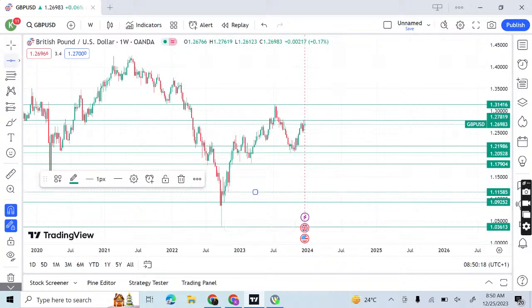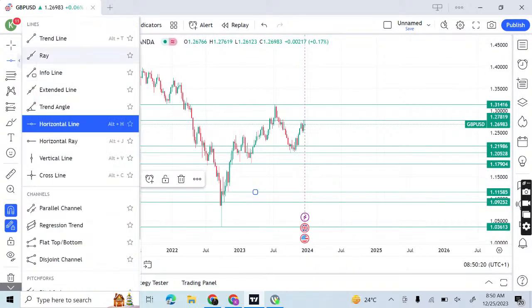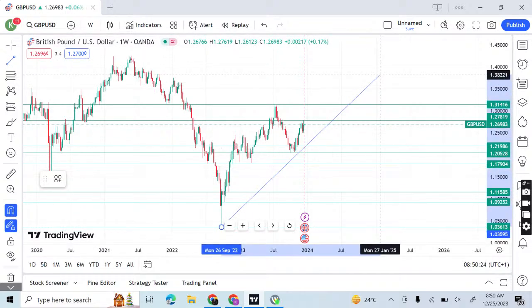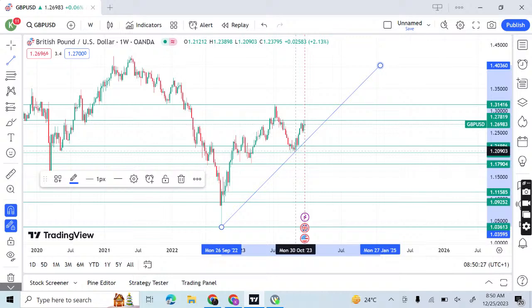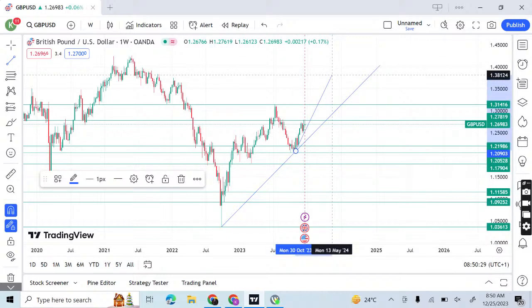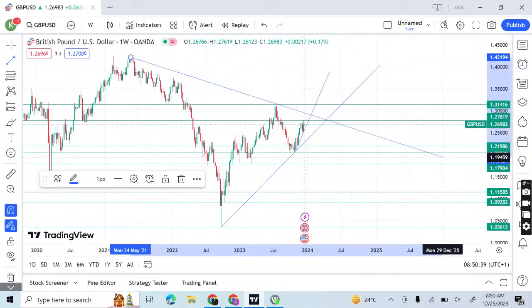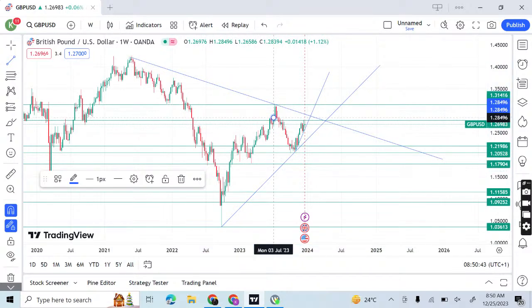Then I'm going to take the trend line from this 1 week time frame to cover for 1 week and 24 hour. So these are the trend lines that really matter to me from this time frame. I think I'm going to take one from here first before I take another one from here.